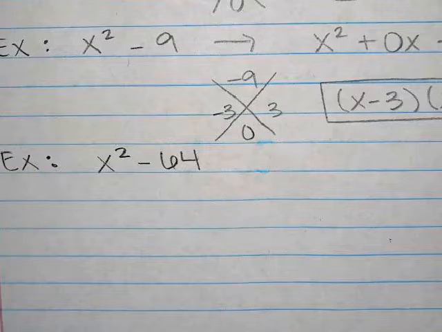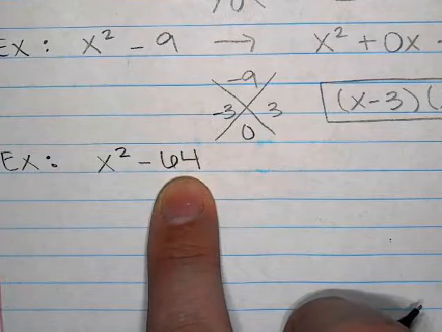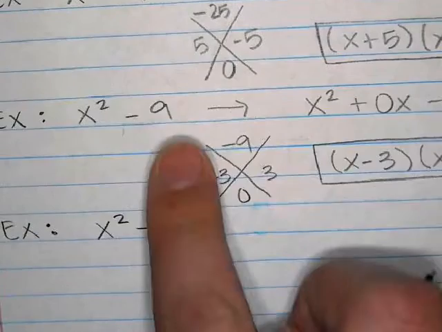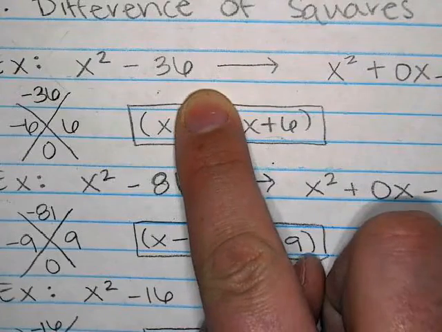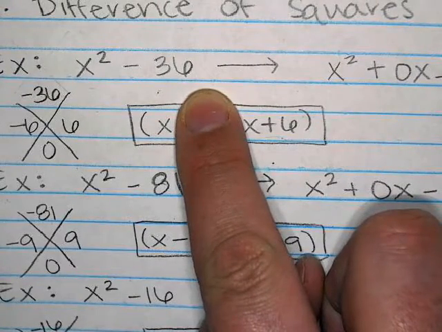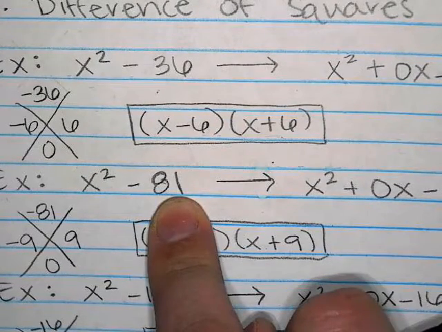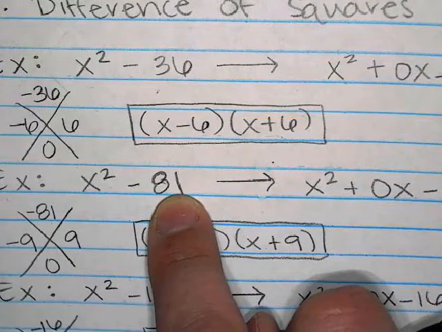So what types of numbers are these? 64, 9, 25, 16, 81, 36. They have a special name. They're not even, because 81's odd, but they have a special name. Anyone know what that special name is? They're called perfect squares.